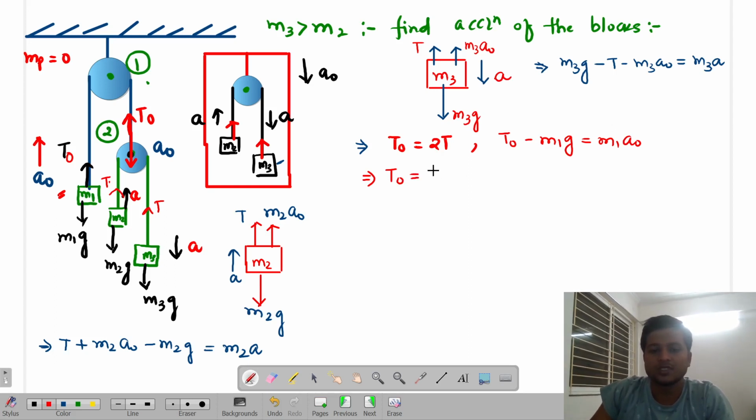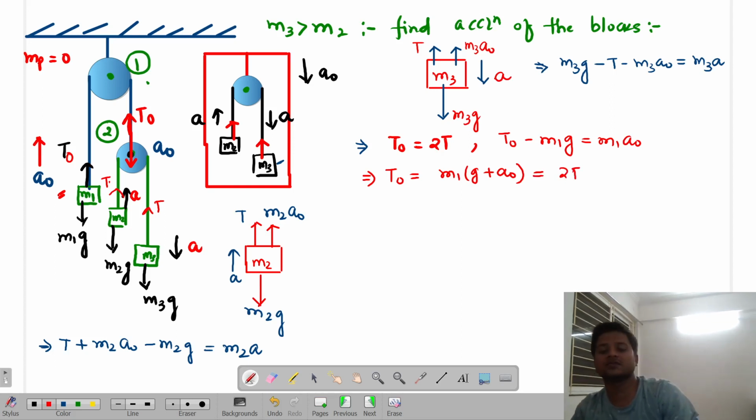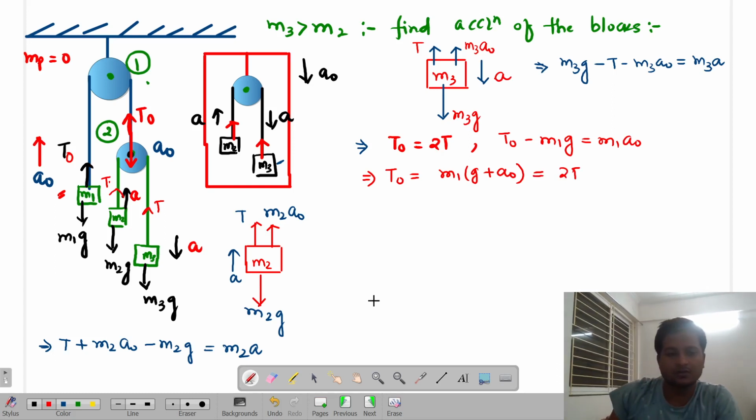So T naught is going to become m1 into g plus a naught, and that is equal to twice T. So did you get your relation of twice T or not? So basically I can establish the relation now.